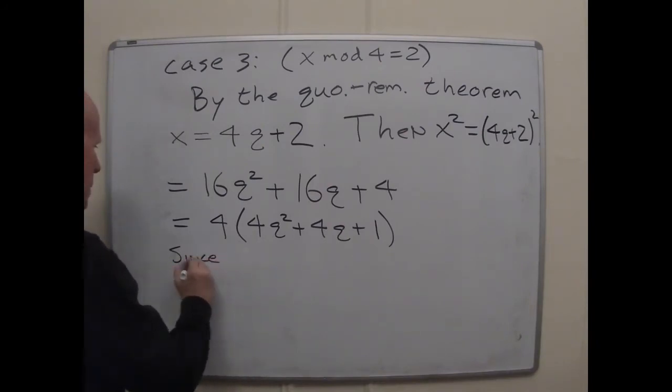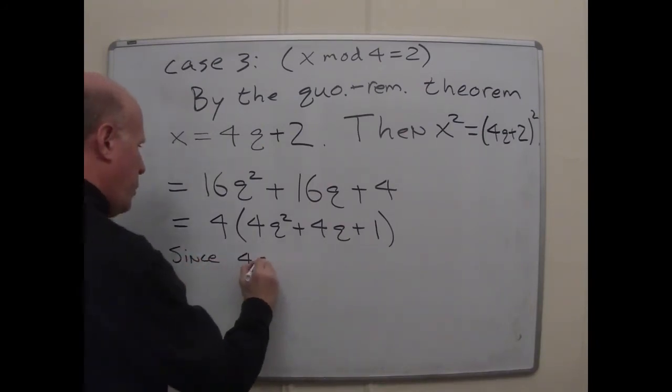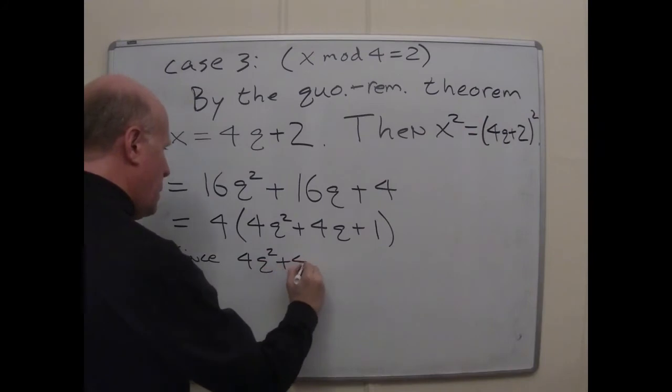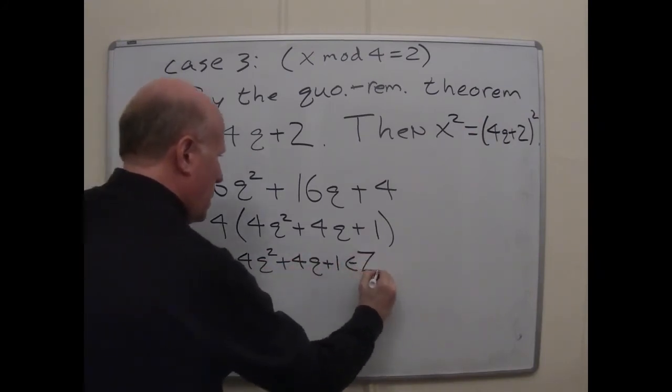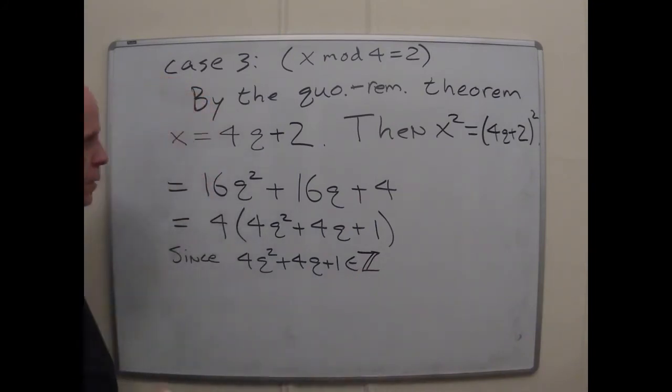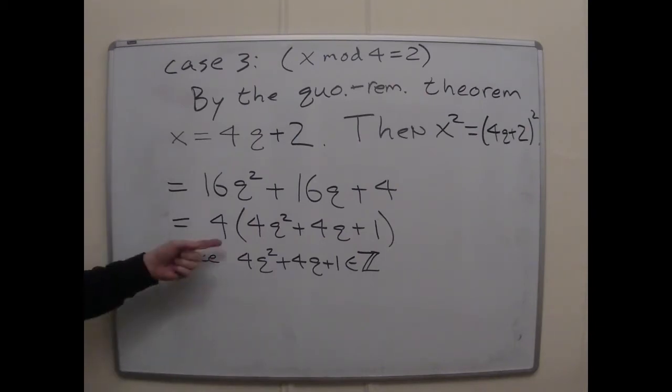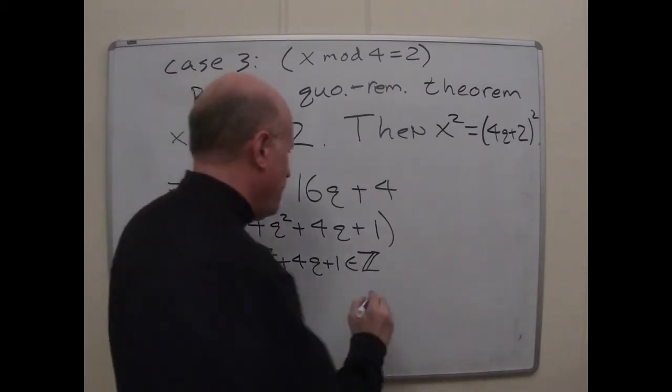So since 4q squared plus 4q plus 1 is an integer, again, the quotient remainder theorem tells us that x squared here is 0 mod 4. It's literally a multiple of 4.